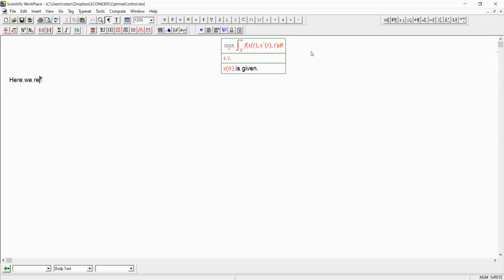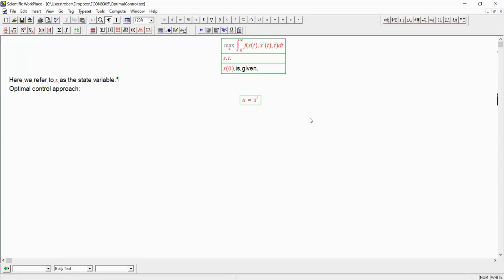Again, here we refer to x as the state variable. An approach to dealing with this kind of problem is referred to as optimal control. And the way optimal control approaches this kind of problem is by introducing a new variable, little u, and we're going to set that equal to x prime.